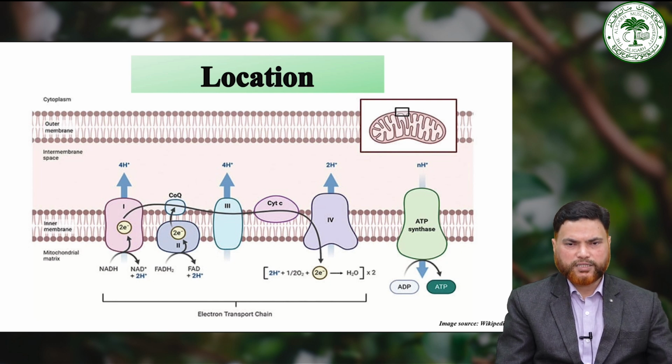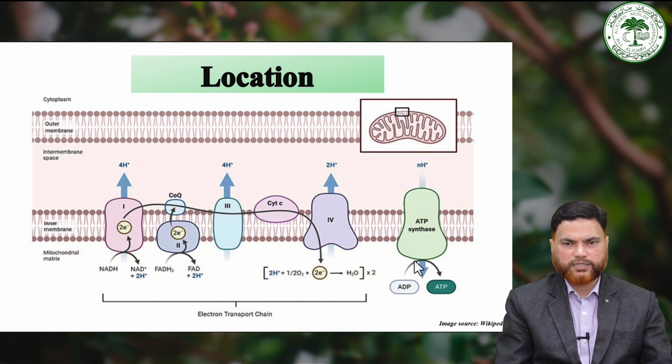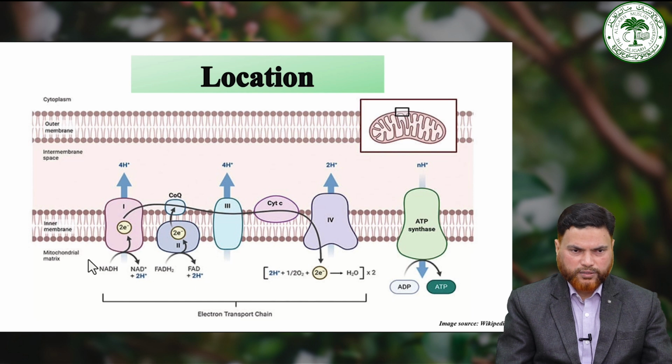These complexes include NADH dehydrogenase, complex 1, then succinate coenzyme Q reductase, complex 2, then cytochrome BC1 complex, complex 3, then cytochrome C oxidase, complex 4, and ATP synthase, complex 5.